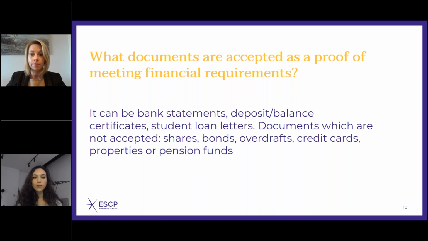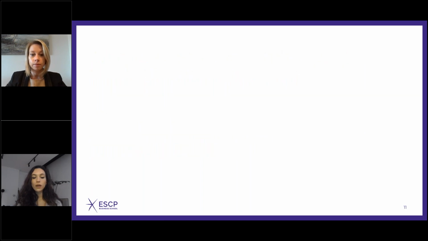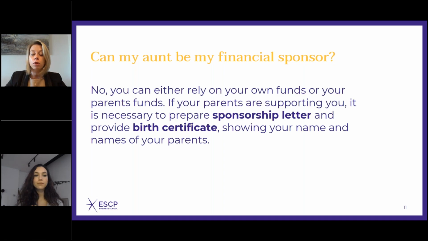Okay, thank you, Anna. So next question. Can my aunt, for example, be my financial sponsor? So the answer is no. You can only sponsor yourself by your own means, or you can ask your parents or legal guardians to sponsor you. Distant relatives, friends, companies cannot sponsor you for visa purposes.